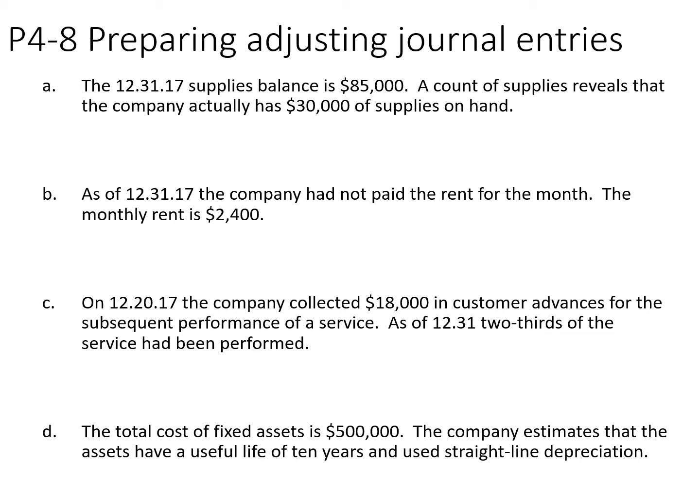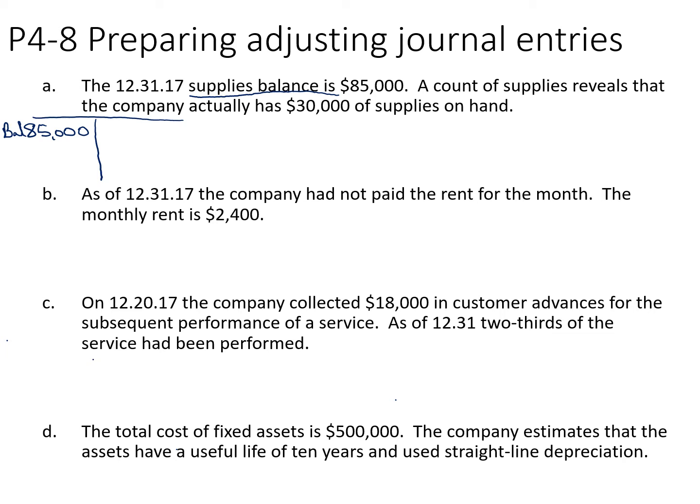Here we're actually going to be preparing the adjusting journal entries, and so you can kind of see how these problems set up. So notice it says that the supplies account, and we know supplies is an asset, so this balance of 85,000 would show up on the debit side, and that balance represents all the supplies in the supply cabinet. A count of the supplies reveals that the company actually had 30,000 of supplies on hand at the end of the period.